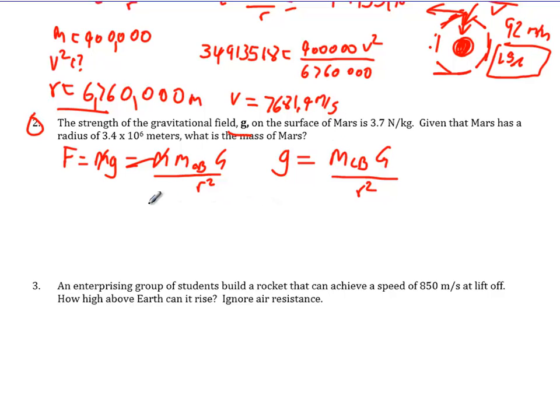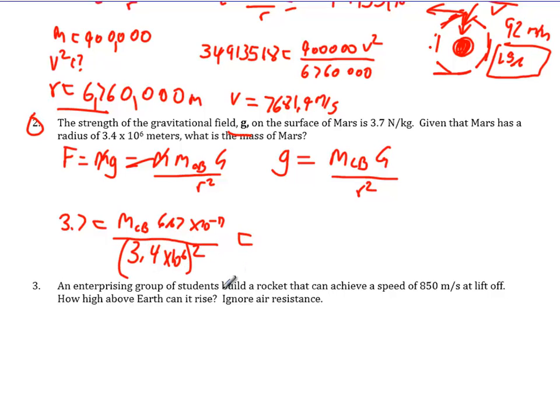We're given g, so we have 3.7 equals the mass of the central body, which is what we want, mass of Mars, times 6.67 times 10 to the negative 11th, divided by the radius of Mars, which is 3.4 times 10 to the 6th, and remember to square that. If you work all this out, you get a mass for the central body of 6.4 times 10 to the 23rd kilograms.